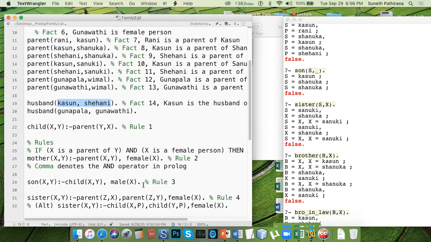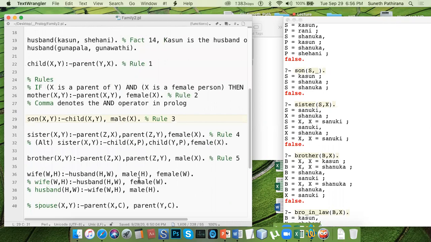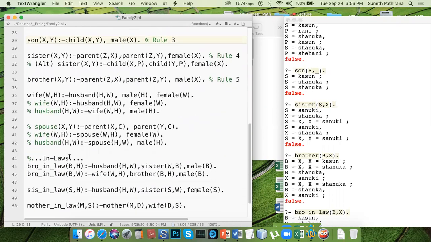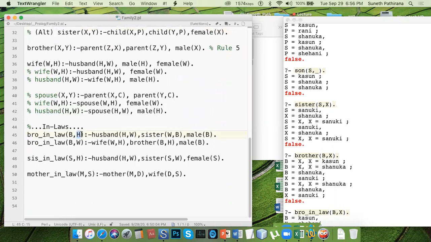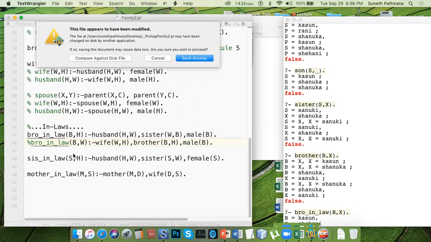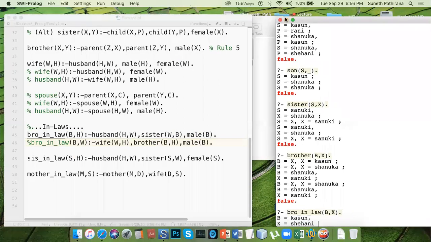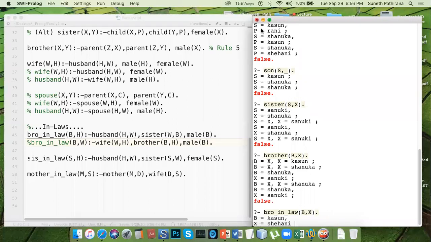So let's examine what's wrong with our definition. Brother-in-law: H and W, sister of B, male B. So we have two relationships. We will comment out one of them and examine it, because that can backfire, they may be confusing.